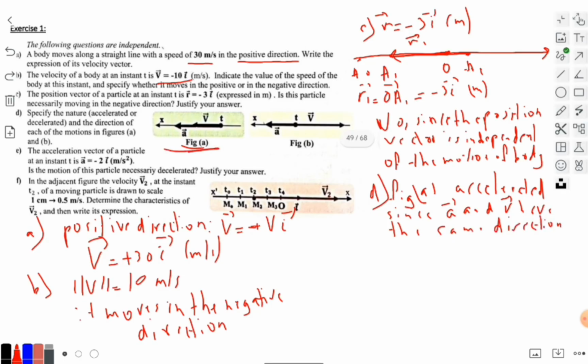Is this motion in the positive or negative direction? We must compare the direction of the v vector and the x-axis. In this case, the v vector and x-axis have the same direction, so it's in the positive direction, since the v vector and x-axis have the same direction.